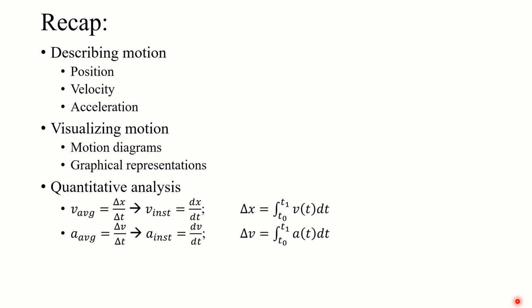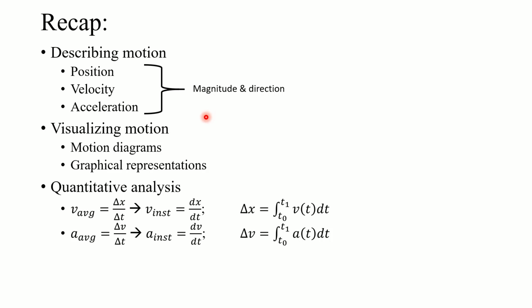So we started with just how we describe motion and using those words position, velocity, and acceleration and what they mean. Now, these three words all have magnitude and direction. They're what we call vectors. In some upcoming lectures and later on, we'll get into some more formal mathematical detail of how we treat vectors.